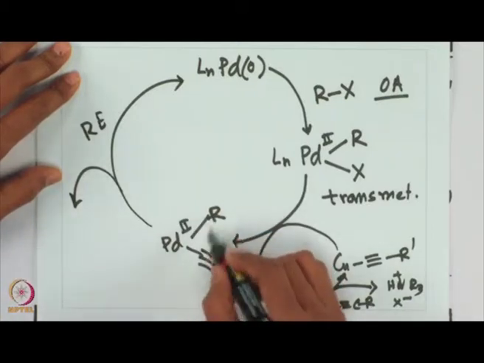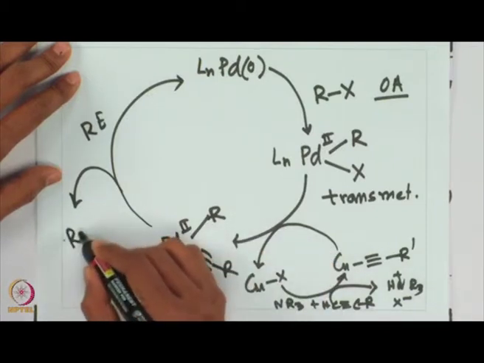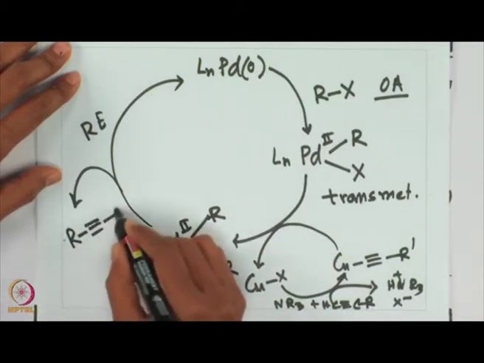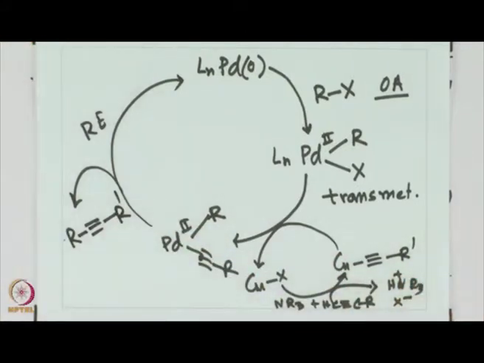This could be an sp2 or sp carbon center usually, that will give you the desired internal alkyne that you are looking for. So, what we have seen so far is, starting from, let us say, bromobenzene and a terminal alkyne, you will be getting an aryl substituted internal alkyne.